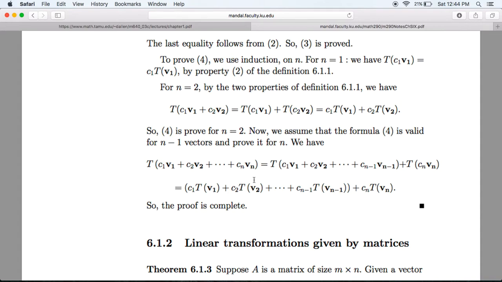And then I take n of these vectors and I consider its image under T. That image can be broken down in this way, because this is one vector, whole of this is one vector and this is another vector. Since it was proven up to n minus 1, it holds for n equal to 2.